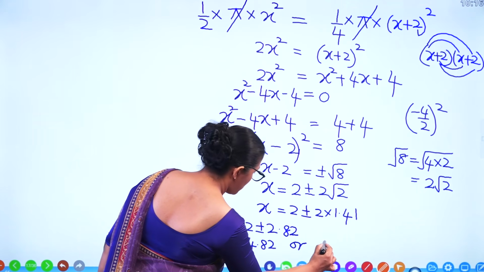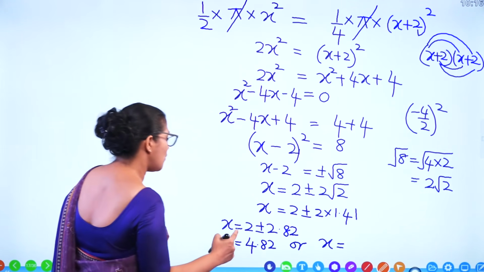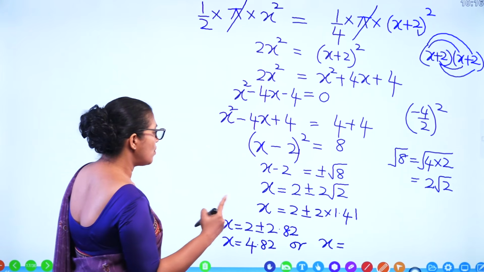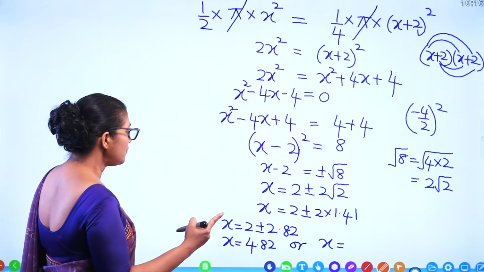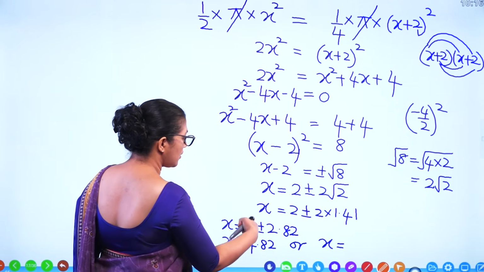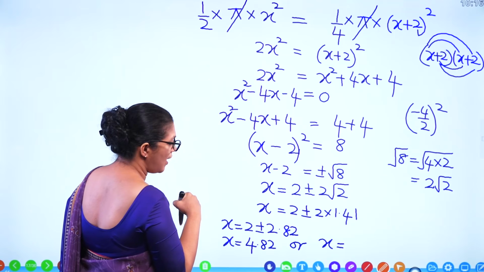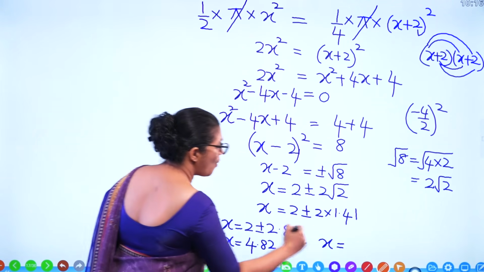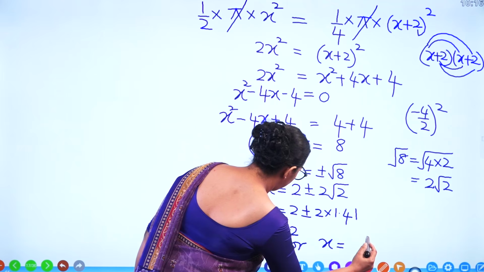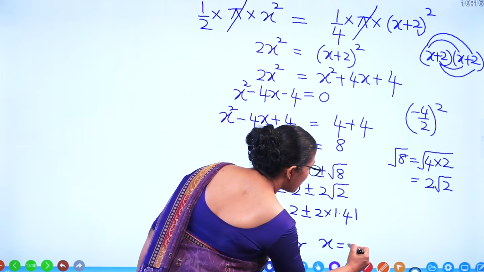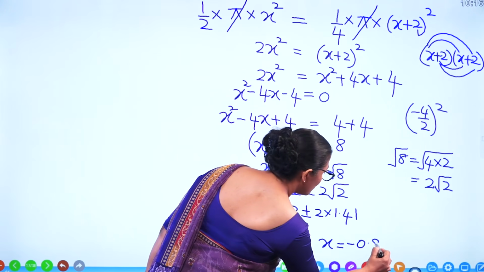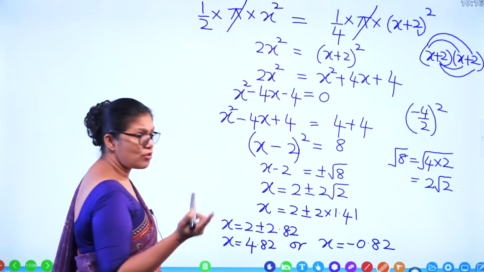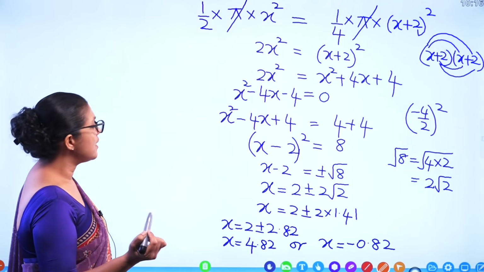Or when you take the negative value, what happens? You get a negative value, minus 0.82.